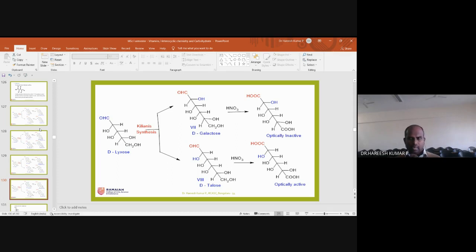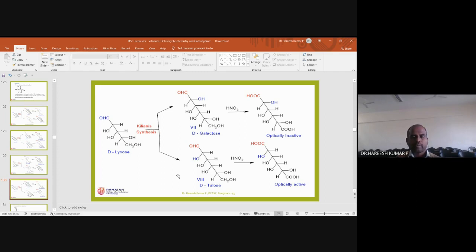In the case of aldohexoses, there are 8 compounds. So how to remember these 8 aldohexoses? For that, I am giving one memory method of writing aldohexoses. In order to write the 8 aldohexoses without mistake, you need to follow certain rules.